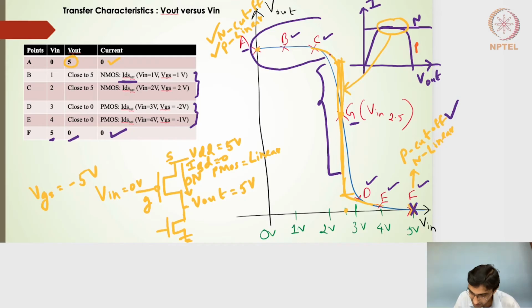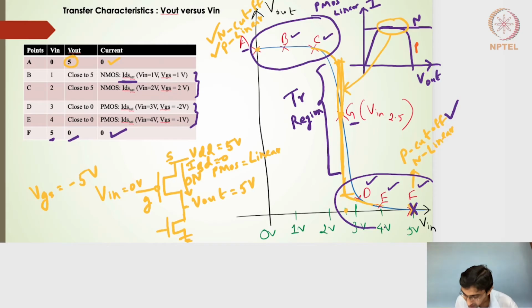So this particular region, I'll call it the transition region. Above the transition region is where we have the PMOS in the linear region, right? And the region below the transition region, the points D, E, F, is where the NMOS is in the linear region.